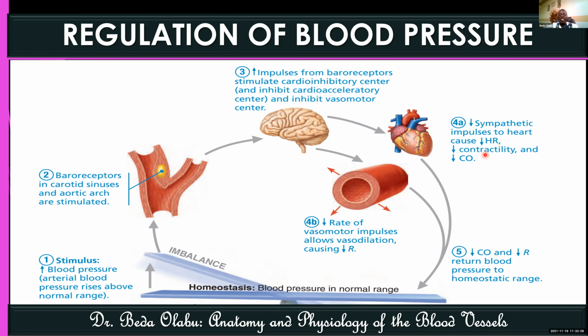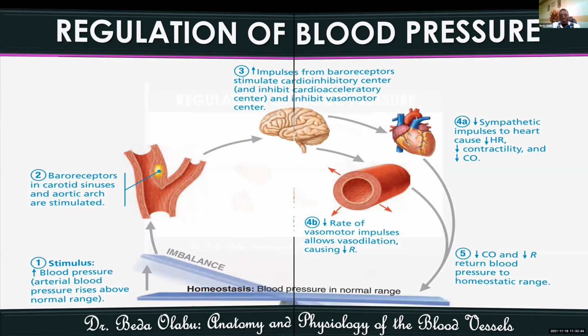If you reduce contractility, you reduce stroke volume, you'll reduce cardiac output. So there'll be a reduction in cardiac output, just by inhibiting the contractility and the heart rate of cardiac muscle. To the blood vessels, there'll be relaxation of the vascular smooth muscle, and that causes vasodilation. So reducing peripheral resistance. And so there'll be a fall in blood pressure. The blood pressure is restored to normal.